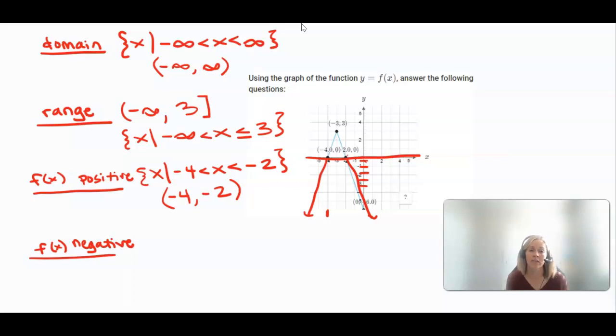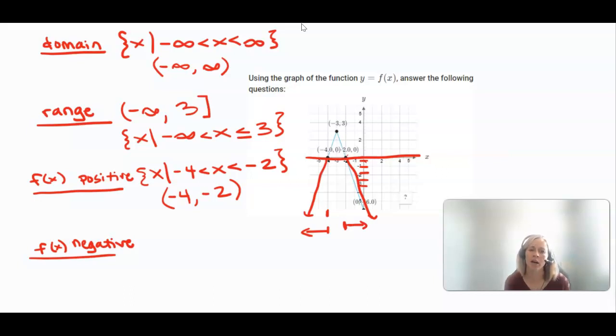Again, that -4 is the place where it goes from negative to positive. So from -4 down to negative infinity, I'm going to have negative y values there. Similarly, from -2, this point, to the right, I'll have negative y values.